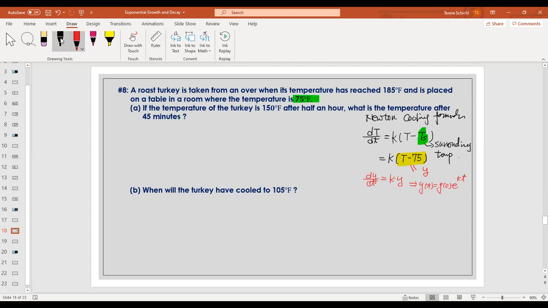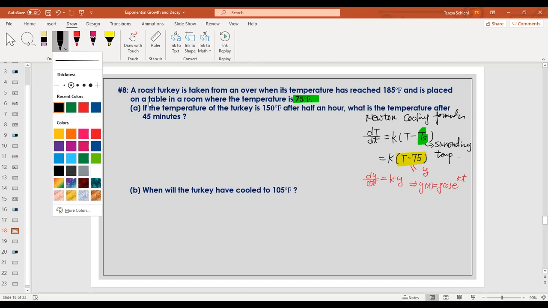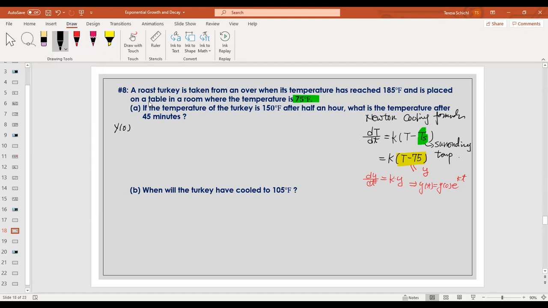Okay, so part A says the temperature of the turkey is 150 after half an hour. Now let's start to put this back into the formula. The y0 is my initial temperature, right? So when the turkey came out of the oven, it's 185. Remember y is equal to T minus 75, so this is 185 minus 75.